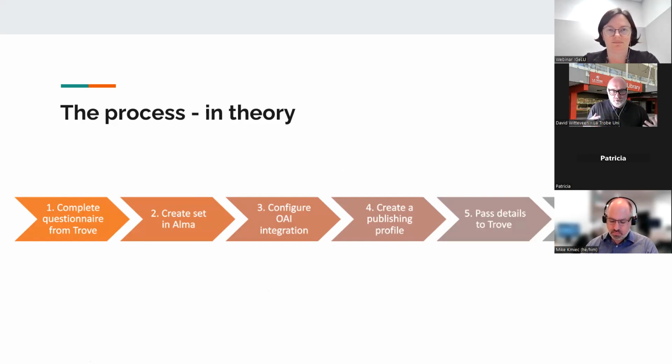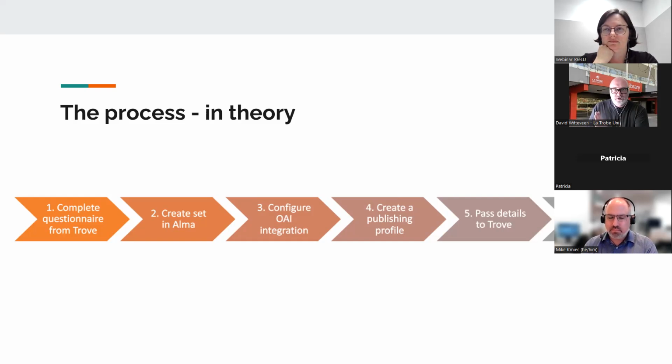You then need to create a set in Alma, which is the set of items that we want to send up to Trove. We also need to configure the OAI integration in Alma and create a publishing profile in Alma. Once that's all set up, you pass those details to Trove and you harvest away.